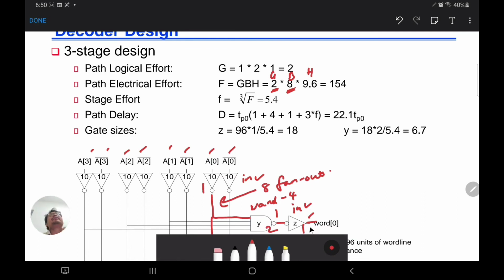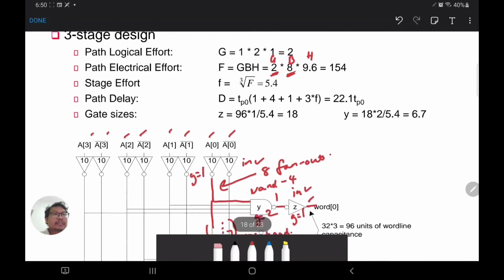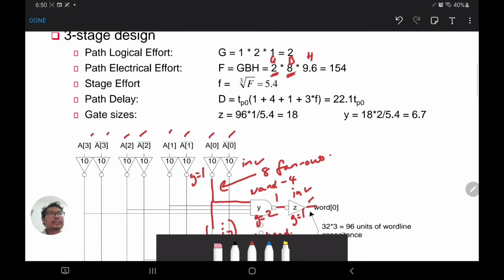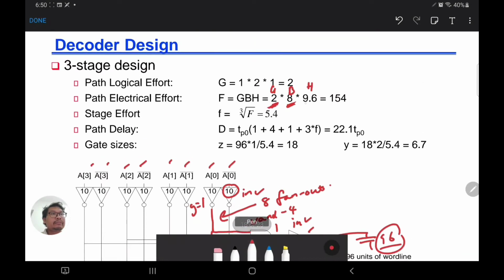So a 4-input NAND gate, your G is equal to 2, and the others, your G is 1. So in total your G is 2 times 1 times 1, so G equals 2. And your H is 96. At the end here you have 96, so it is connected to 96, and then your input is 10. So 96 divided by 10, we have 9.6, and if you do the multiplication, you get 154. And how many stages do we have? We have 3 stages.